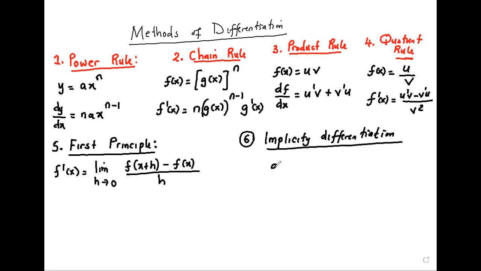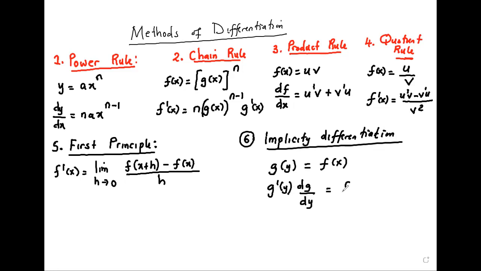Make it like g of y is equal to maybe f of x. You see? So you have this g of y, some function of y, and you cannot make y the subject. So what you do is you differentiate g as a function with respect to y, and then multiply by dy/dx.